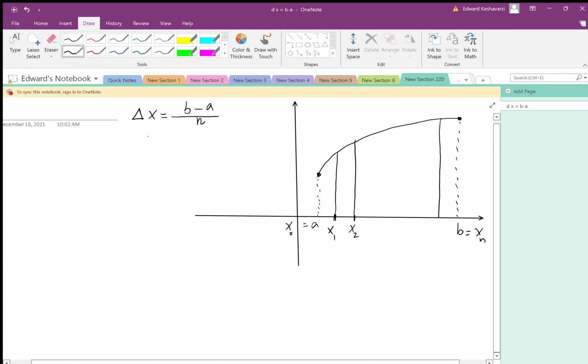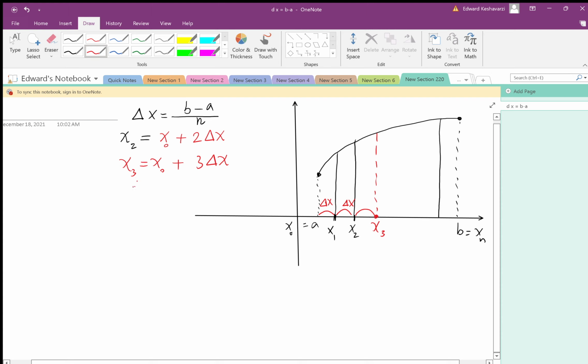Also, isn't it obvious that x2, if you look at this graph, this is delta x, this is also delta x. So if you want to find x2, you can say x0 plus 2 delta x. Likewise, if you want to go to x3, you start from x0 and you go ahead as much as 3 delta x.